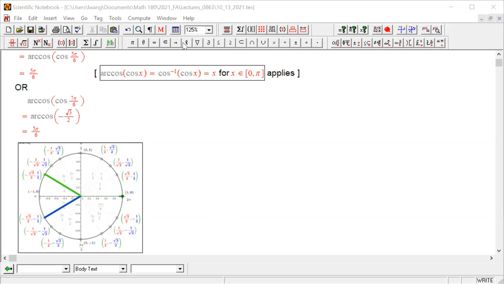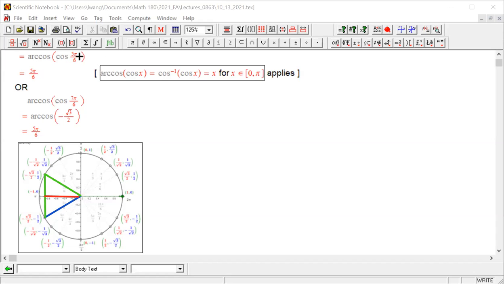If you see that triangle, this big triangle is an equilateral triangle. If you see the small ones, there are two small right triangles. They share the same side, and that same side is what? That same side is cosine. So that's why we claim that cosine 7 pi over 6 is the same as cosine 5 pi over 6.